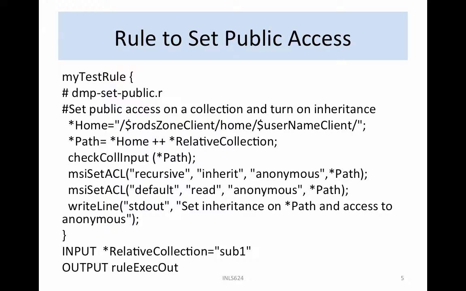The collection name is then checked for existence. The msiSetACL microservice is called to turn on inheritance on the collection. This automatically sets the access controls of files deposited into the collection to be the same as the access controls of the collection. The rule also turns on read access for the anonymous account, enabling access by persons who do not have an account in the data grid.